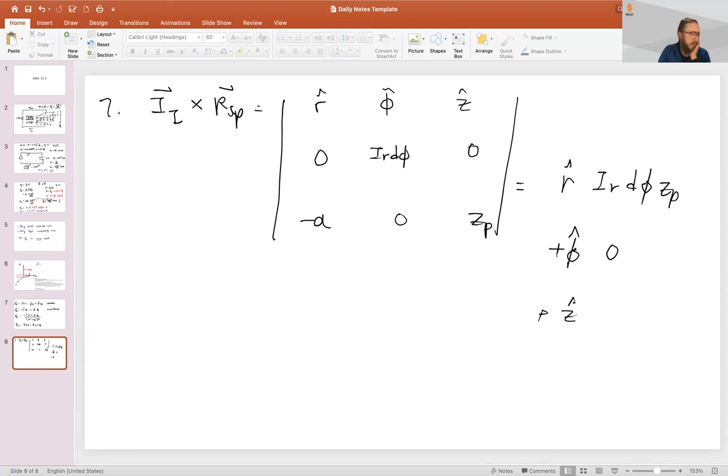What is the z directional component? 0. Are you sure on that one? Sorry, negative AIRDC. Okay, perfect. So now we have this cross product.